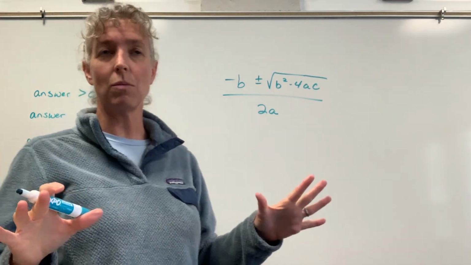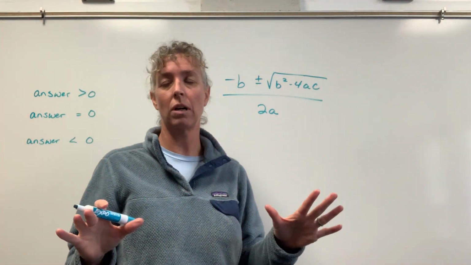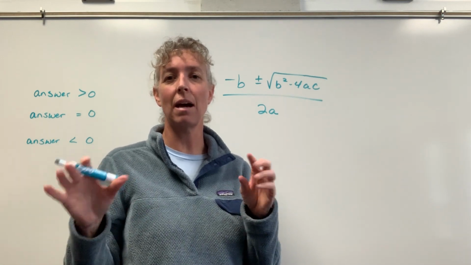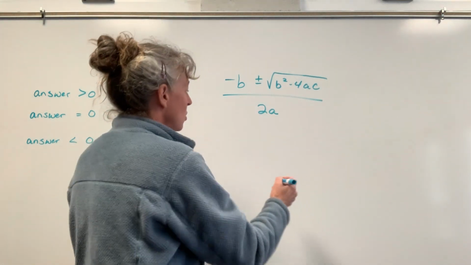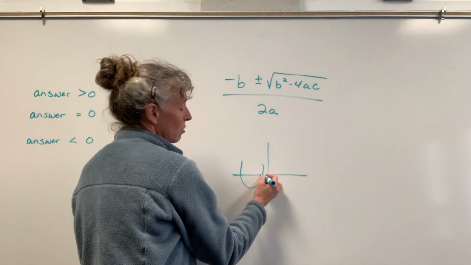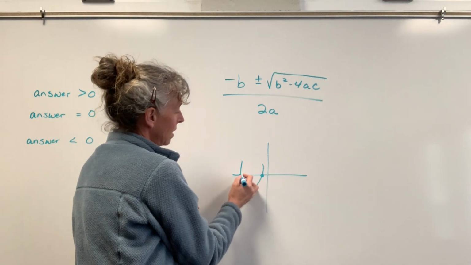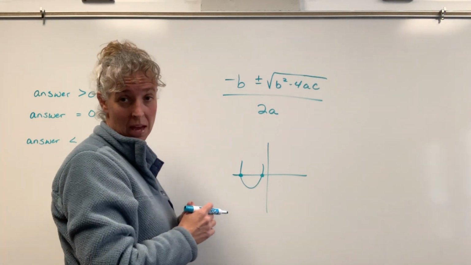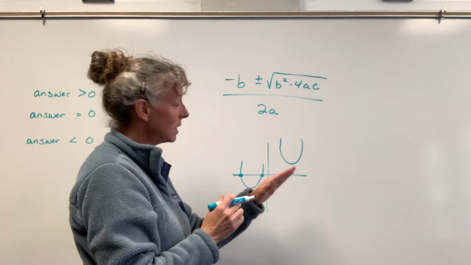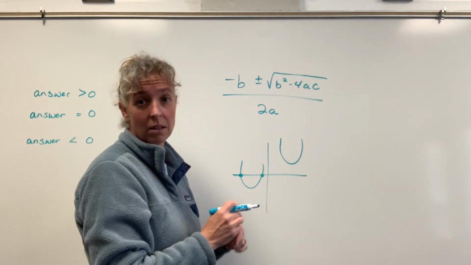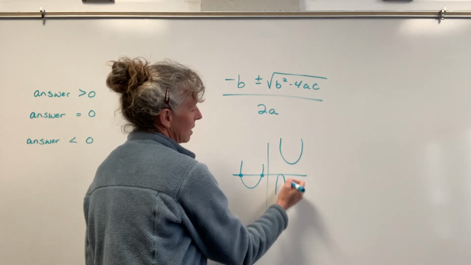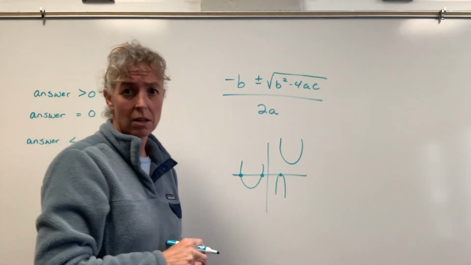Remember, all the times that we are solving these equations with the x squared, it's always getting us how many solutions there are. If I graphed it, the solutions would be here and here. If it was up here, there would be no solution because it would never cross the x-axis. And sometimes it's just one solution because it hits it only at its vertex.